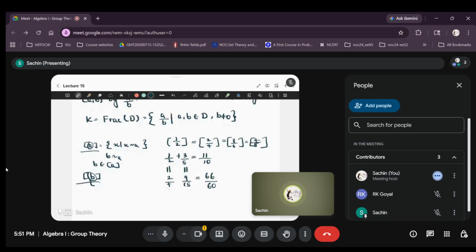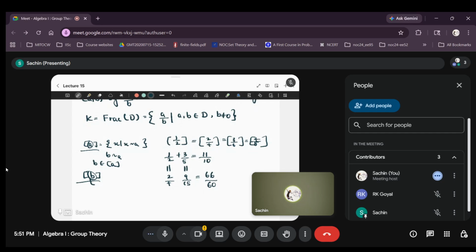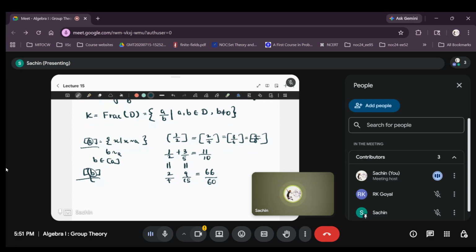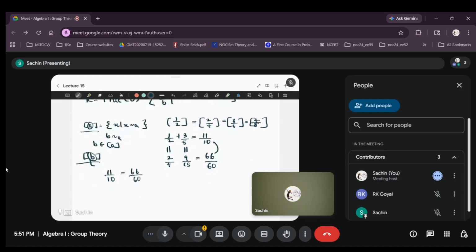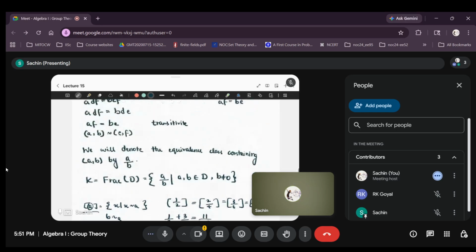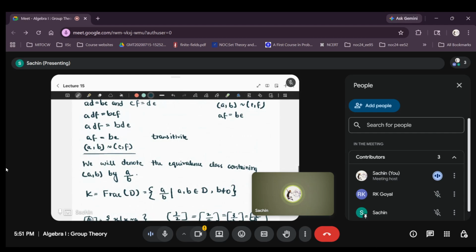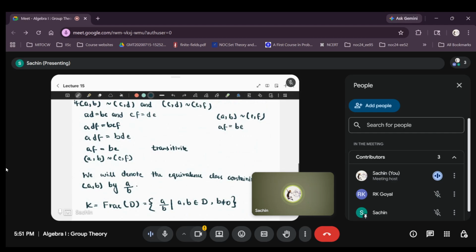But now, without any division or factorization, how do you say these two are equal? Well, the equivalence class containing 11 by 10 is equal to the one containing 66 by 60. These two are equal because 11 into 60 is equal to 10 into 66. That's how we say two elements are related, right? A by B is related to C by D if AD is equal to BC.